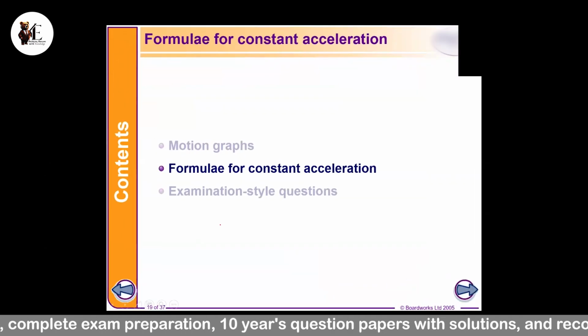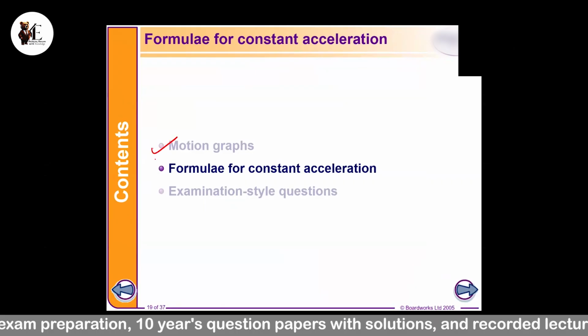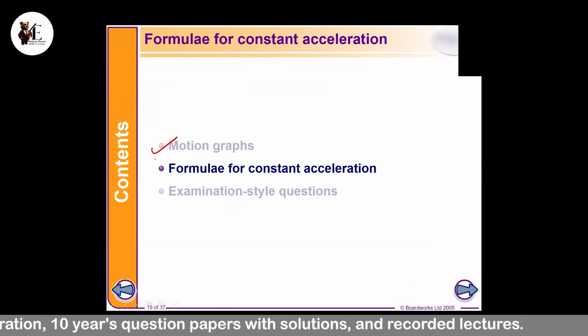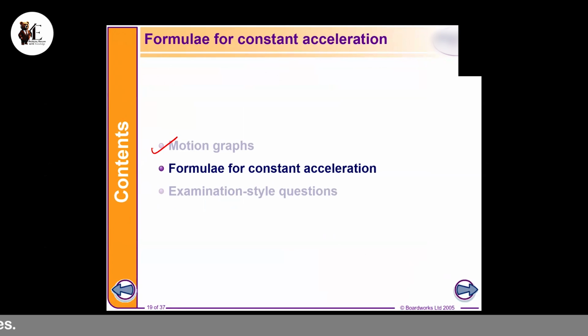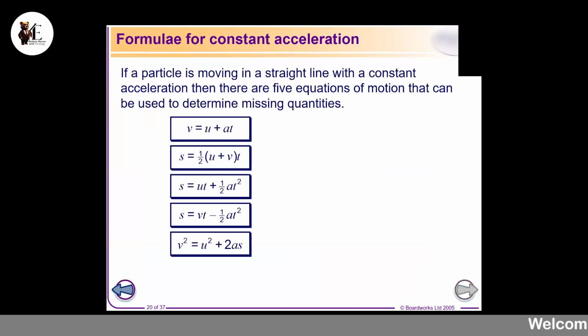Now, in this kinematics chapter, we have completed the first main concept, which is your motion graphs. And now we are going on to something new, which is your formulas for constant acceleration. This is specifically where your acceleration is going to be constant. It's not going to change. So these are your most important equations. Yes, Vanya?